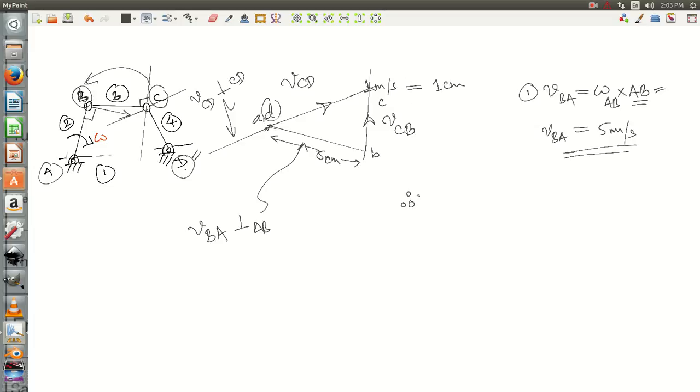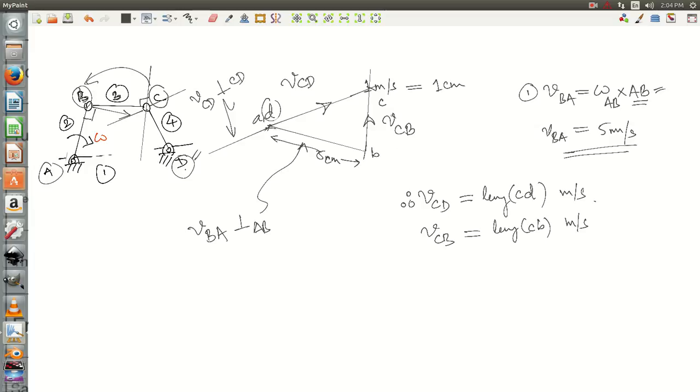Therefore the velocity of C with respect to D is equal to the length of CD, right, meters per second, and the velocity of C with respect to B is equal to the length of CB, meters per second.